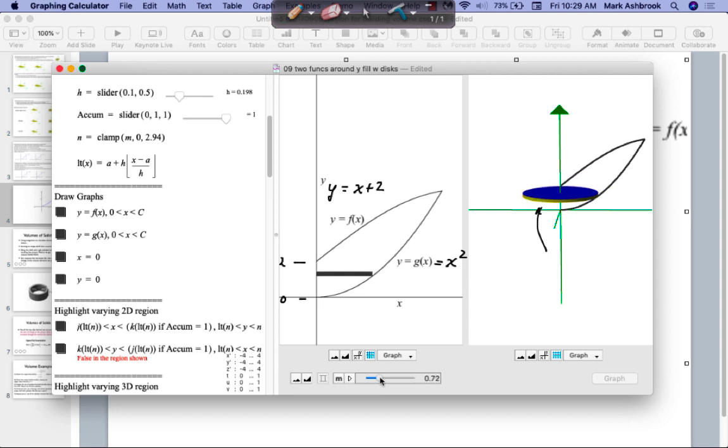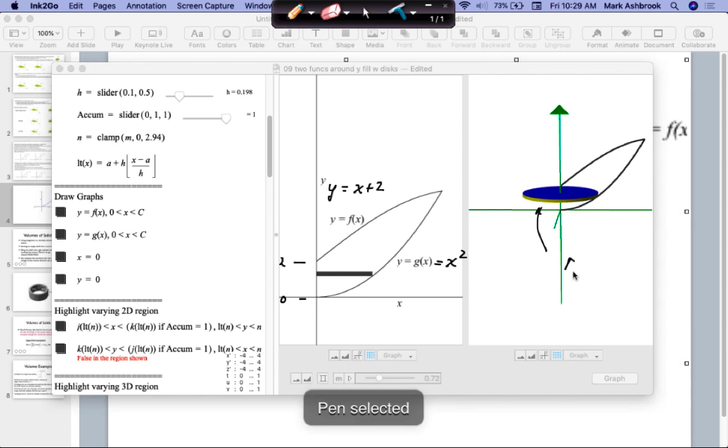Therefore the rate of change of volume with respect to y, for 0 to 2, is just going to be the area of that blue base, right? So it's going to be pi r squared. What's the radius? This is an x-coordinate, but x-coordinate of what? Of f or of g? G, so we'll have pi times x squared.